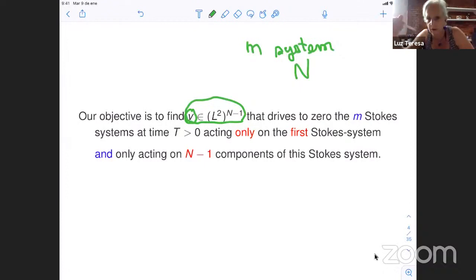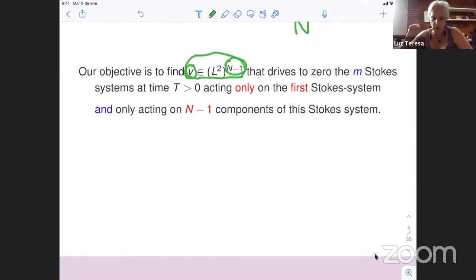And moreover, you remember that in the Stokes or Navier-Stokes systems, you have n equations at each system. So here we want the control V to act in n-1 of these components of each of this system where it is acting.